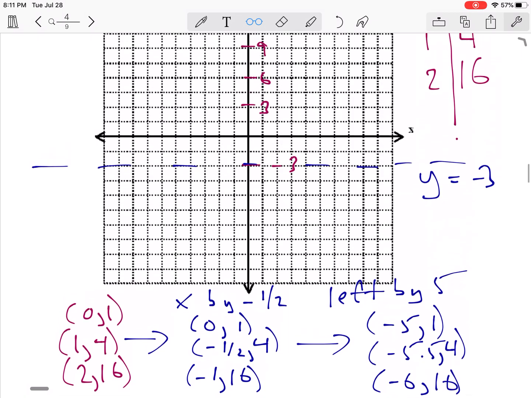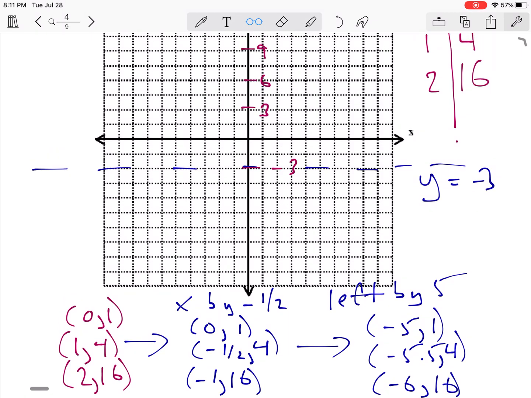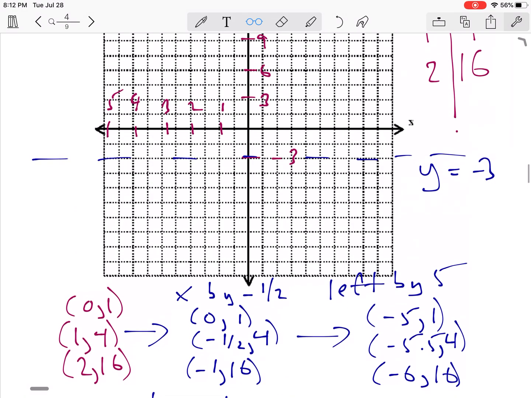They're all going to be on the left-hand side here, so we don't really need to worry about the right-hand side. The first coordinate I have here is -5 and -2.